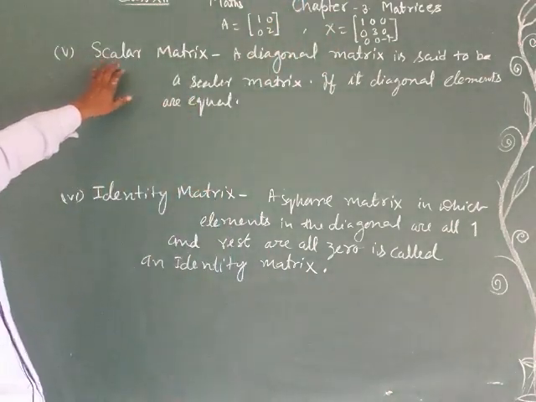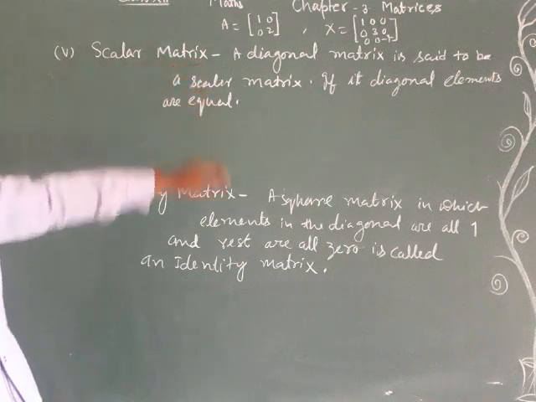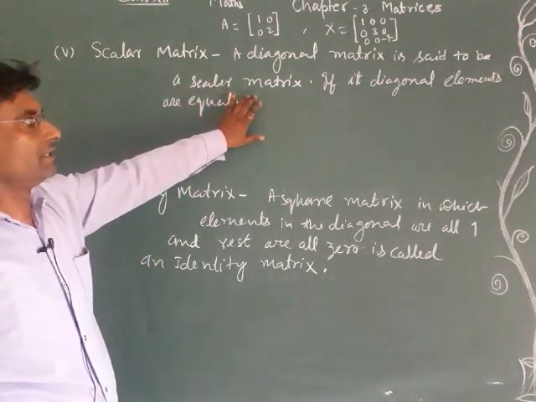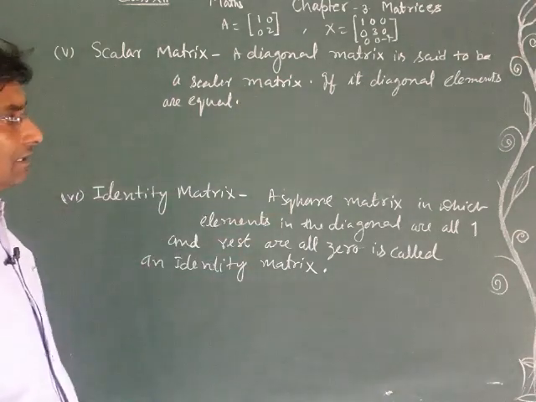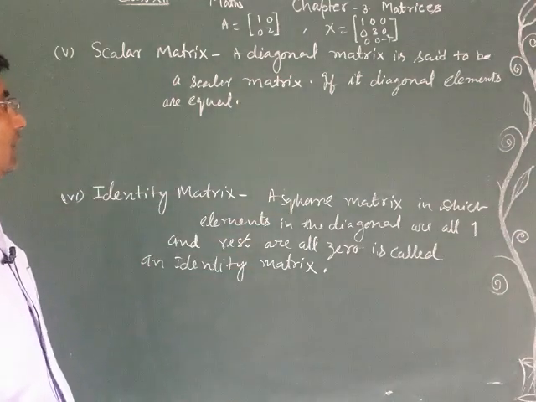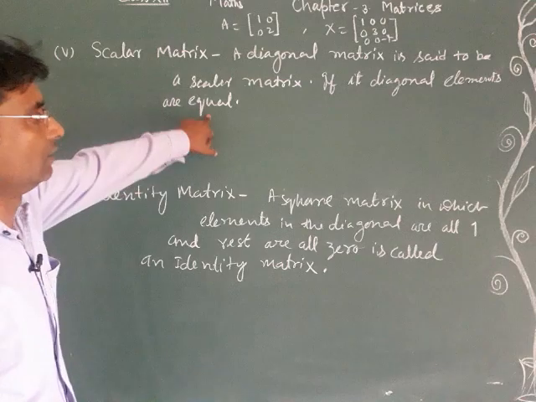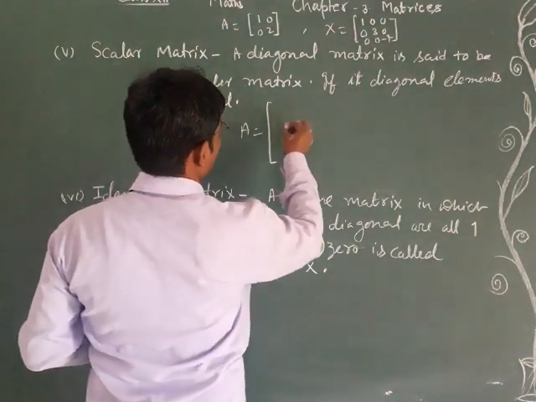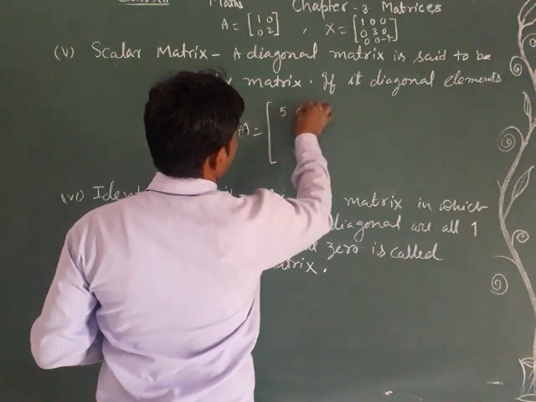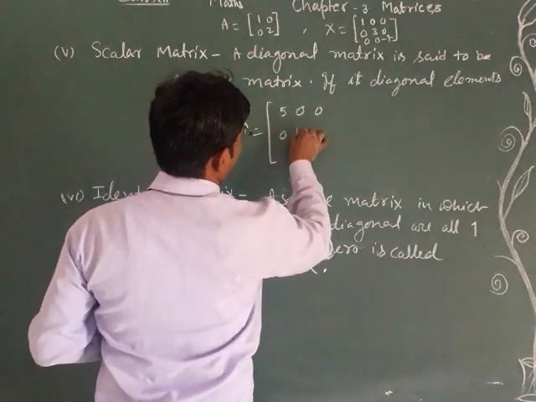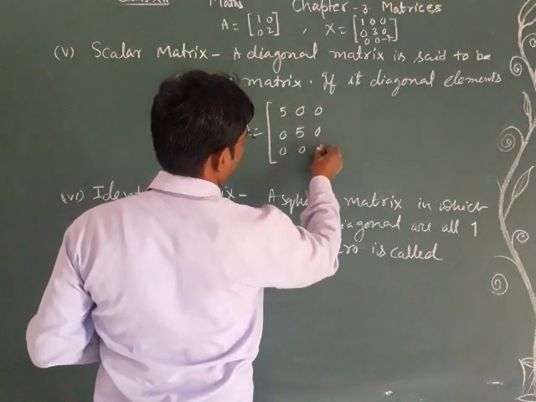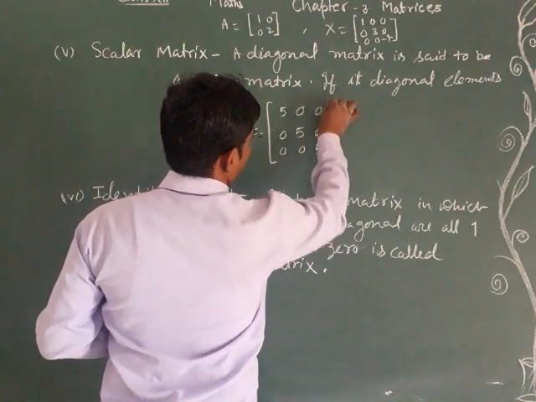Next, scalar matrix. A diagonal matrix is said to be a scalar matrix if its diagonal entries are equal. Example: 5, 0, 0, 0, 5, 0, 0, 0, 5.